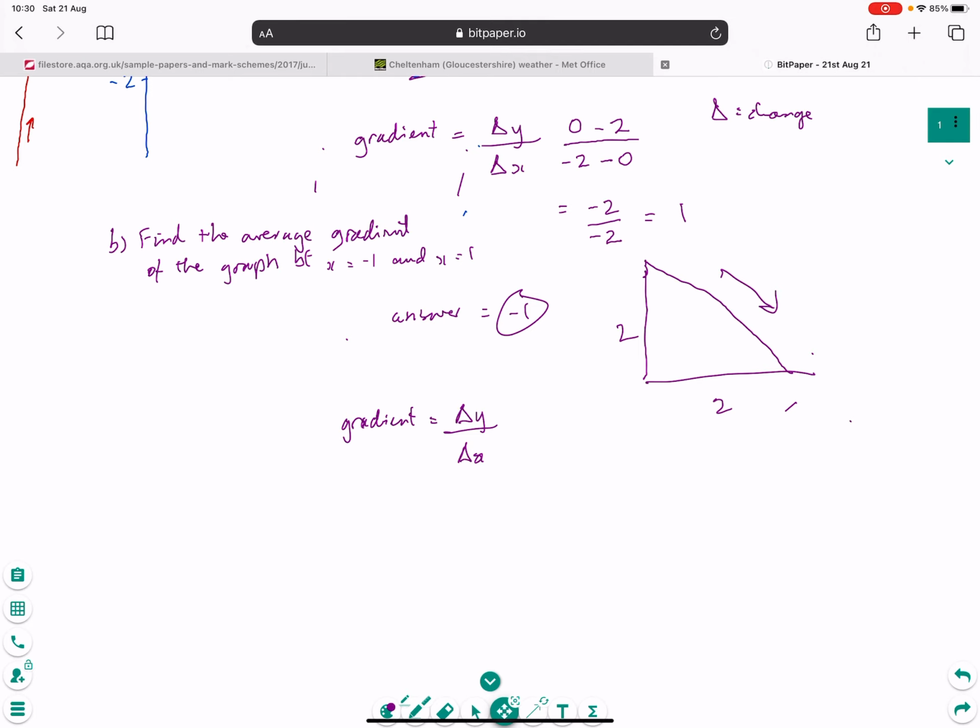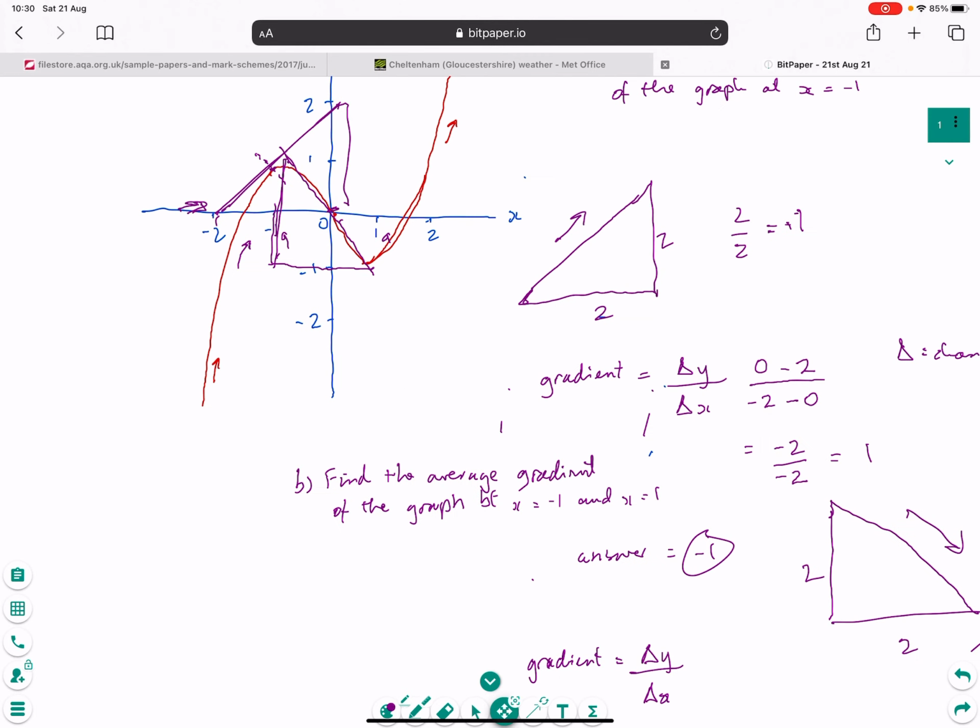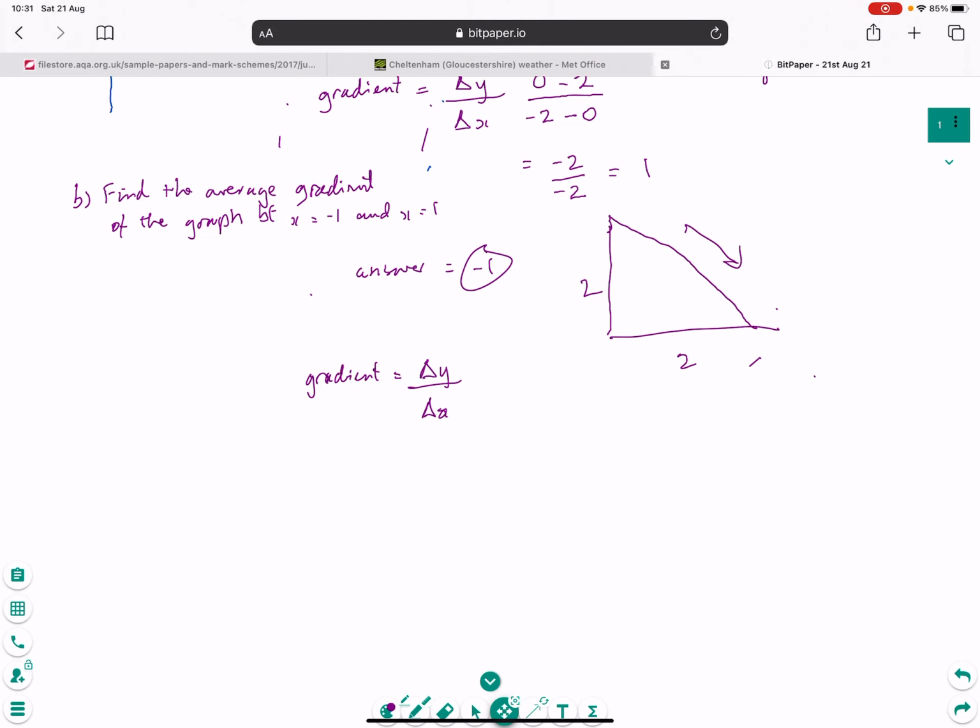So if we look here, the change in y: this point is 1, and this point is minus 1. So you subtract the second coordinate from the first in terms of y.